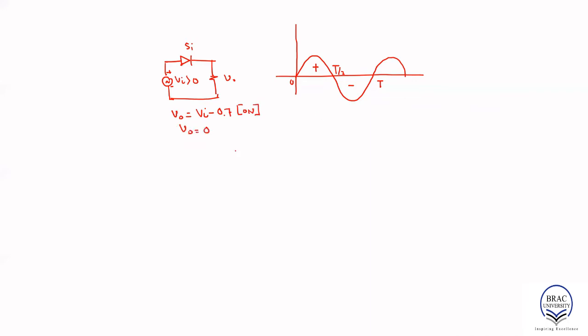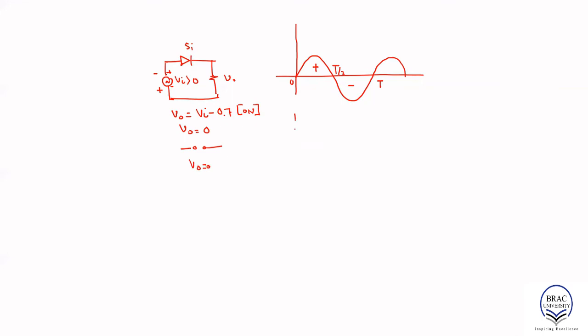Similarly, when it's the negative half cycle, we have negative polarity. Applying the Vp minus Vn rule, we find that the diode is off. When the diode is off, the current is 0 and V0 is equal to 0.